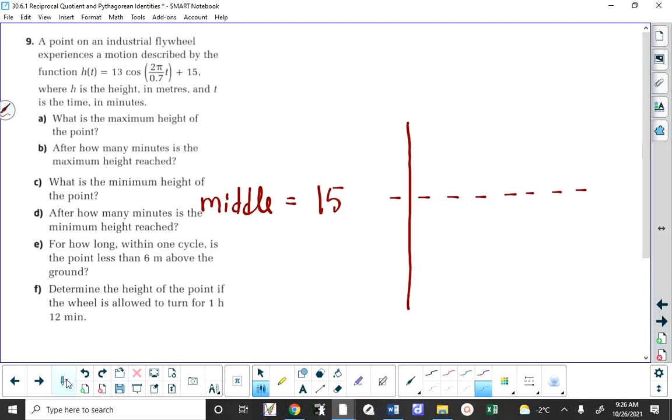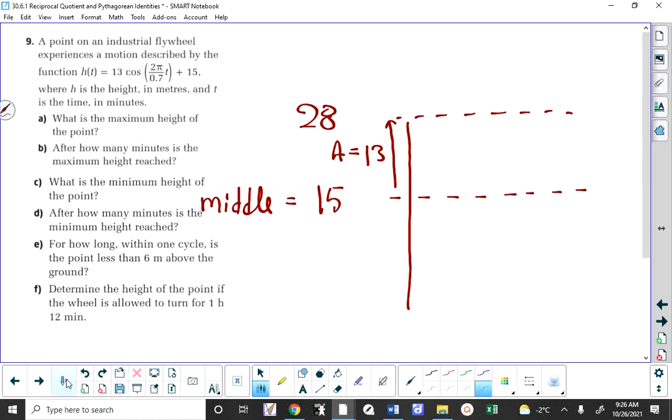And since the amplitude is 13, this graph will go 13 above 15 to 28. So we've already answered A. The maximum height is going to be 28 meters. Wow, that's a huge flywheel. It's not on an engine, it's on something else.